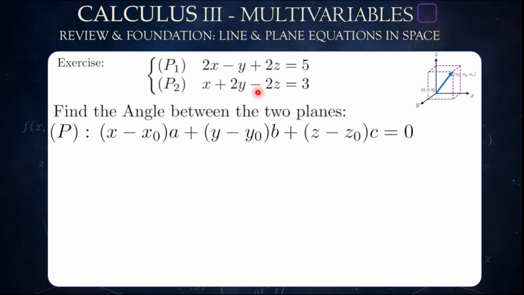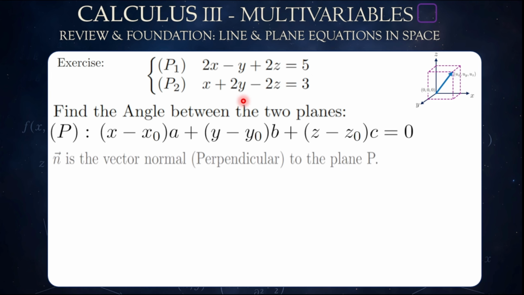The same thing for P2. So n is the normal vector, which is perpendicular to the plane, and has the coordinates a, b, c, the same arguments that we see in the equation of the plane, multiplied by x, y, z respectively.